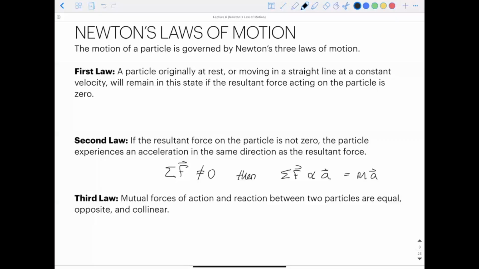So Newton's third law: mutual forces of action and reaction between two particles are equal and opposite and collinear. Collinear just means acting on the same line. So that was our example before for two blocks. Say we had particle A, some spring connecting them, particle B. Force of particle AB and the force of particle BA.